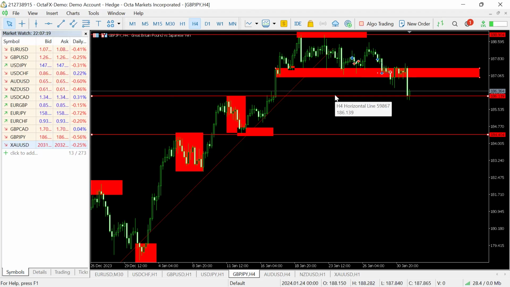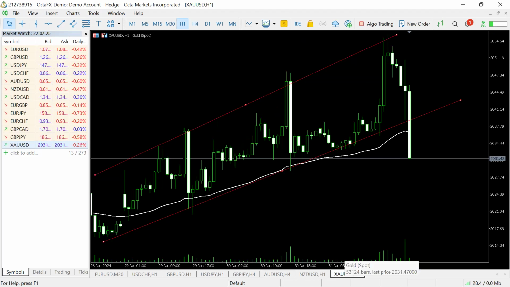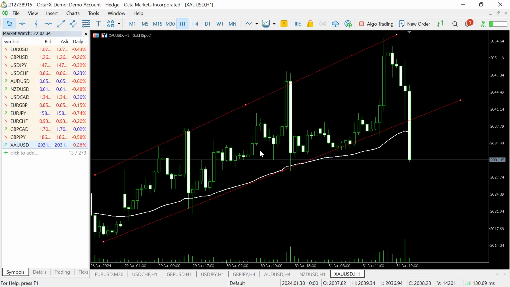So for the benefit of James, let me go back to gold. Now, what we would explain here is that support and resistance are how we look at price movement. Price is going towards a direction, and that direction is called a trend.